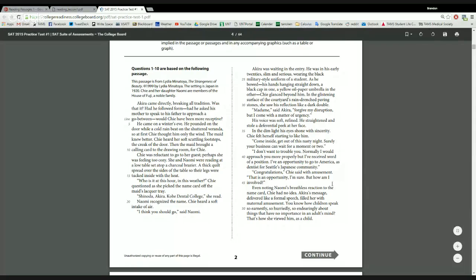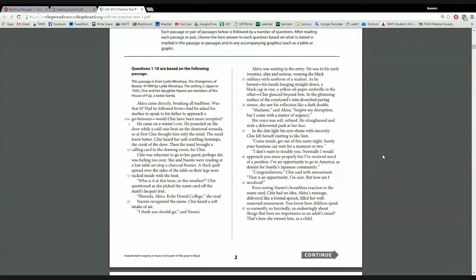I will leave it on the screen for a few seconds, so if you want to pause and read it, I'll make sure to refer back to the passage when I answer the questions. But you can go ahead and read it if you want. Okay. Leave it here for a few seconds.